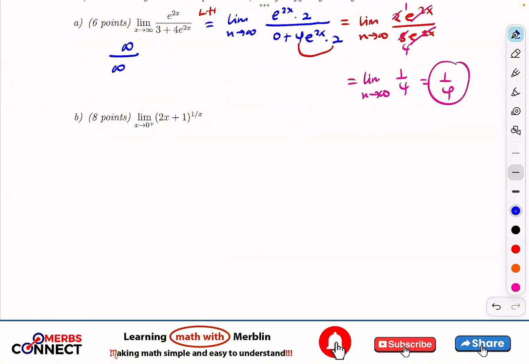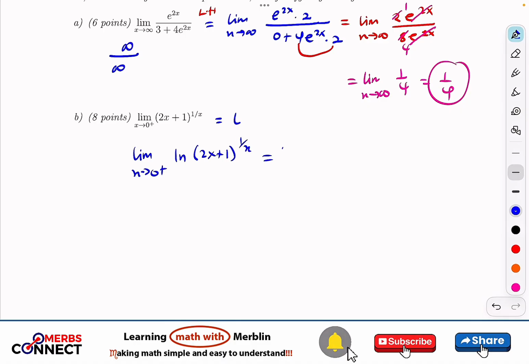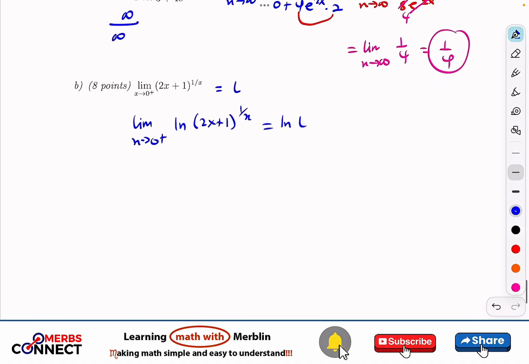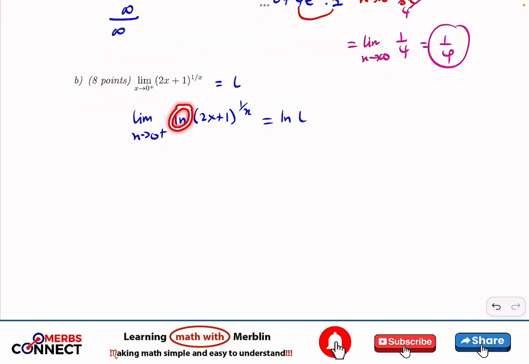Now let's finish this one very quickly. This one, I'm going to let it be equal to L. And then I'm going to take the natural log on both sides. So the limit as x approaches 0 from the positive side of natural log of (2x plus 1) to the power 1 over x is equal to the natural log of L. Now this natural log here will help us to drop the exponent down front.